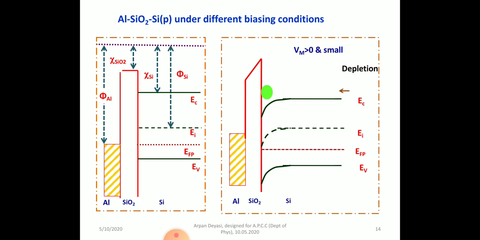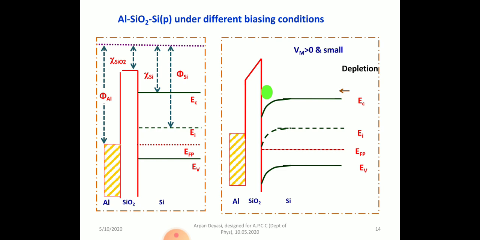In accumulation condition, the band bends upwards because of the accumulation of majority carriers in the oxide semiconductor interface. In depletion condition, the band bends downwards due to the accumulation of minority carriers at the oxide semiconductor interface.